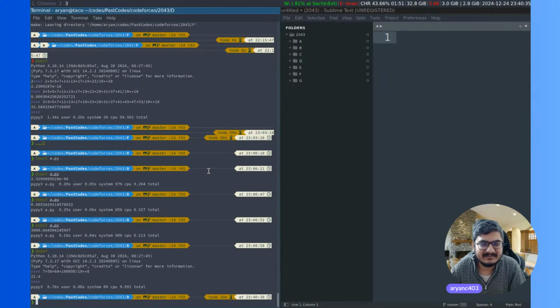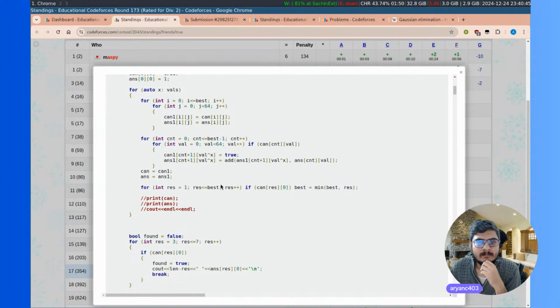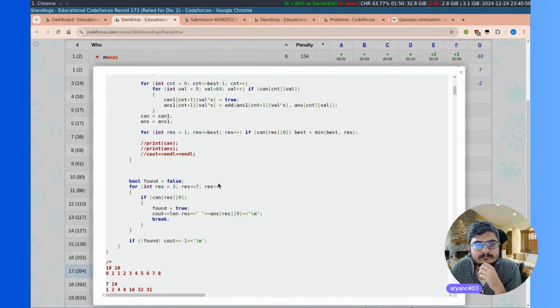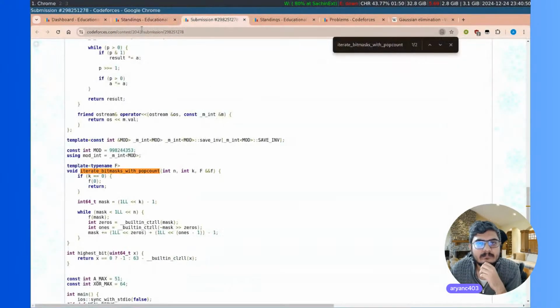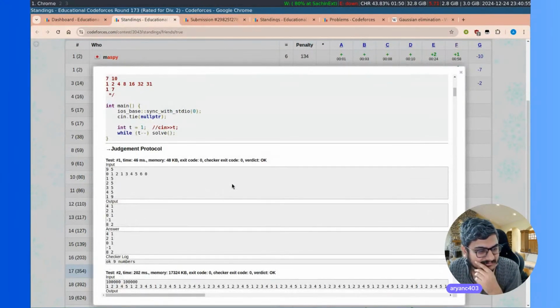This looks like TLE, but I'm not sure why it passed here. But yeah, that's where we are. So this solution definitely passes here. I don't know why, but that's where we are.